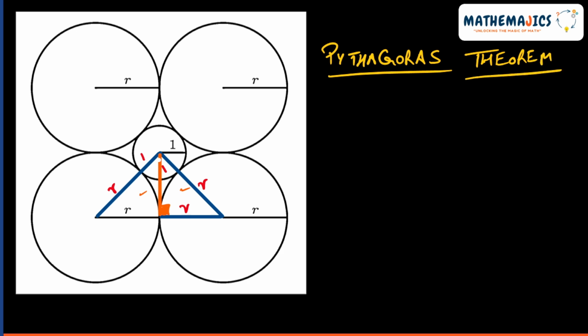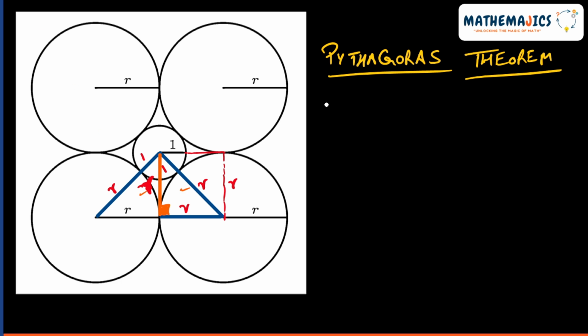Now, what is the height of any one of the right triangles? If you look carefully, the height of this right triangle is nothing but the radius r. Yes, it becomes a square kind of thing. So this orange line, this height, is r itself, correct?